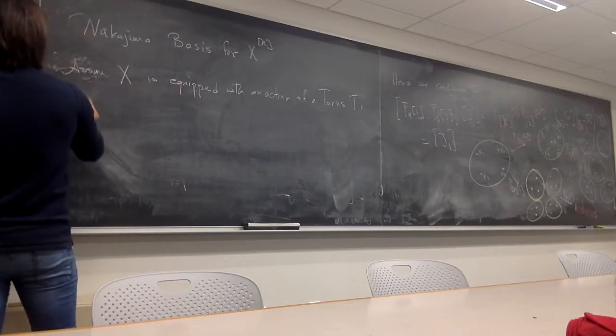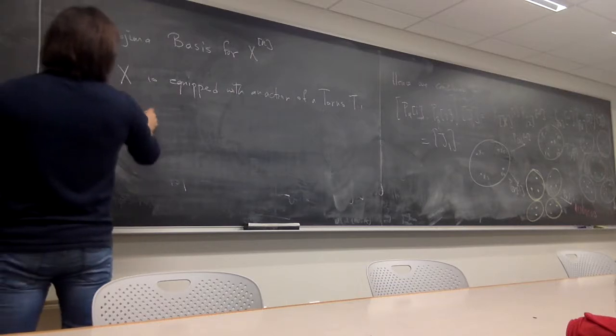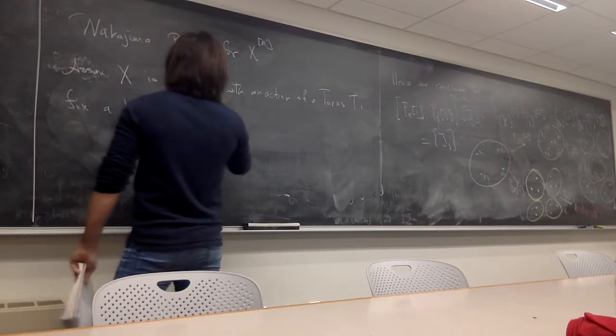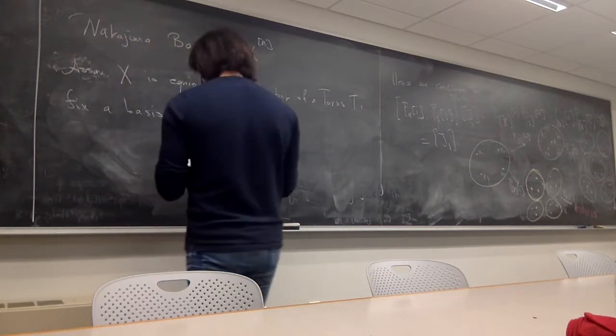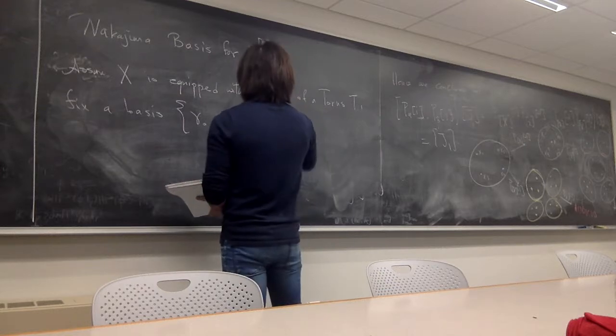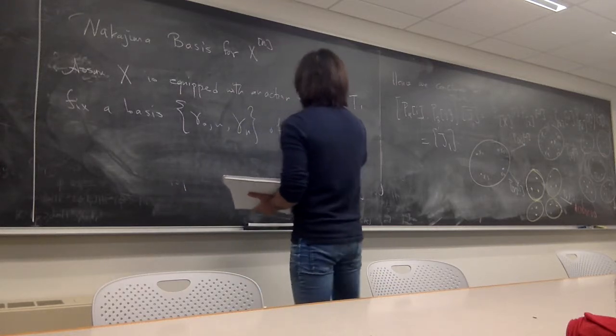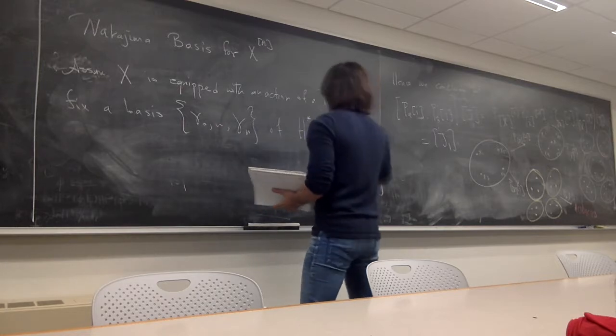Fix a basis gamma 0, ..., gamma n of the T-equivariant cohomology theory of X with rational coefficients.